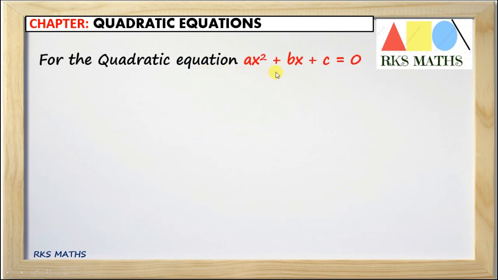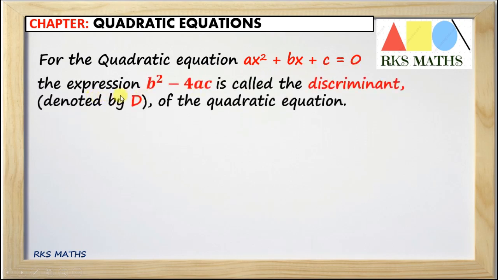Students, for the quadratic equation ax square plus bx plus c equal to 0, the expression b square minus 4ac is called the discriminant, denoted by D. So b square minus 4ac is the formula for calculating the discriminant of the quadratic equation.